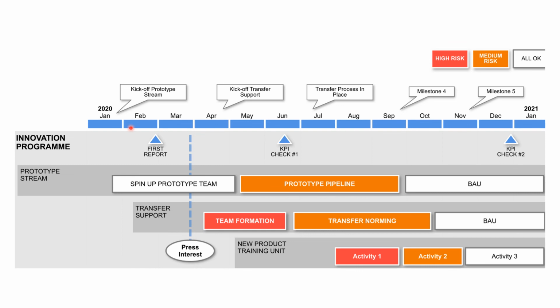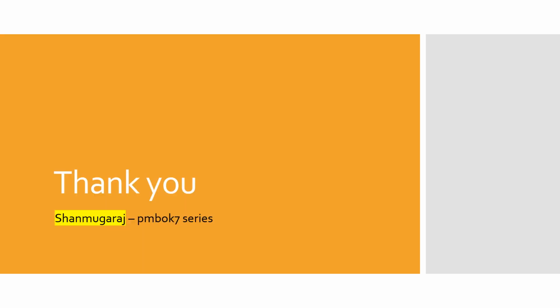So it gives you what happens from January 2020 to January 2021. This is a nice example of the project roadmap. So these are the artifacts described as strategy artifacts in PMBOK 7.